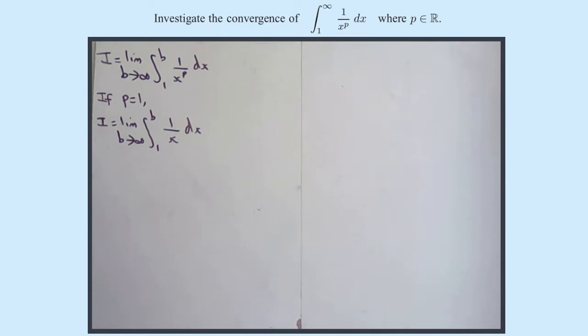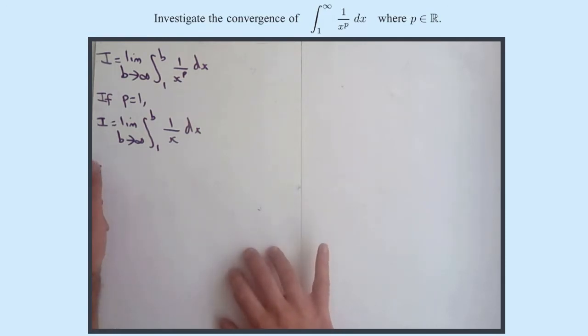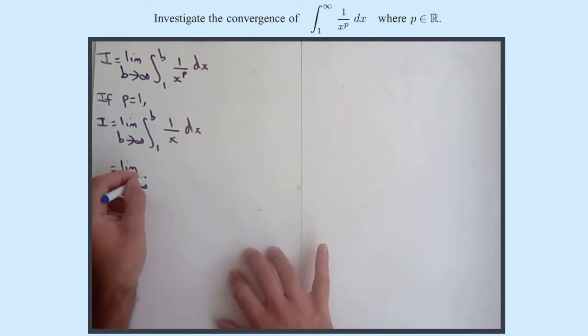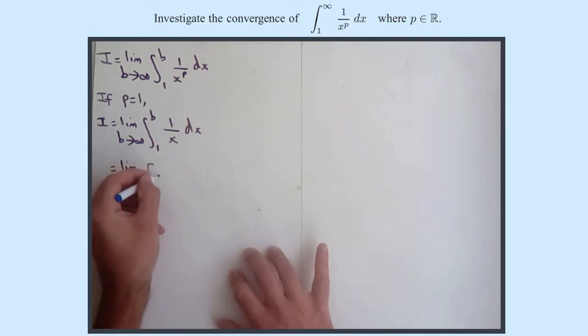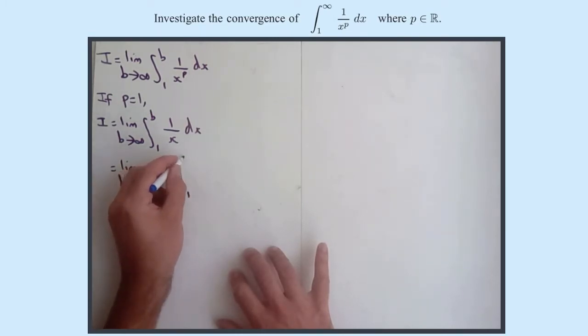We know that 1 over x integrates to ln x, the natural log of x, with respect to x. So that equals the limit as b approaches infinity of ln x evaluated at 1 and b.